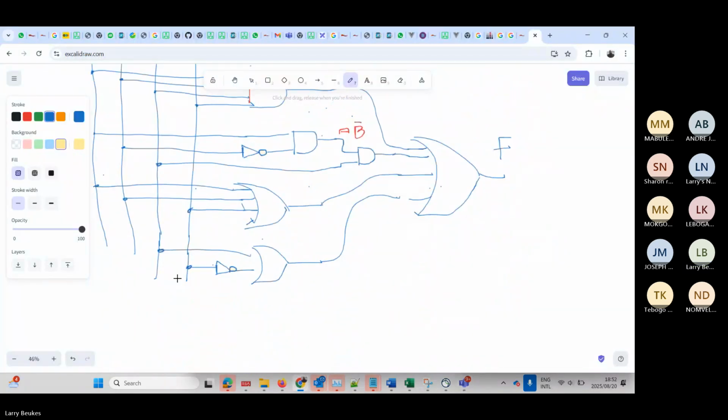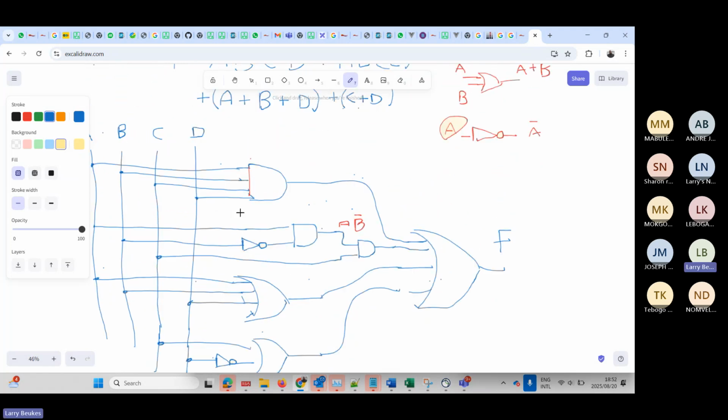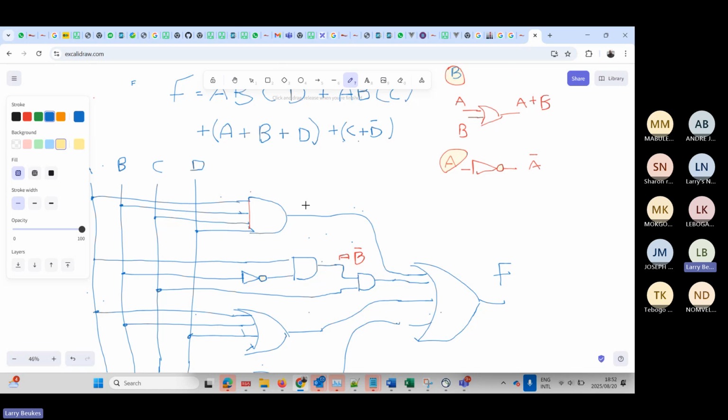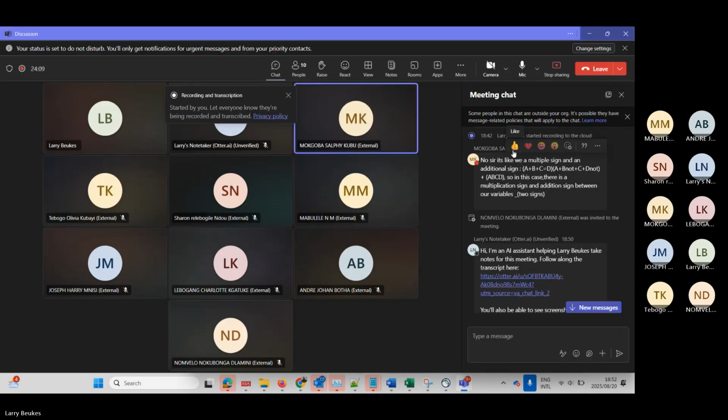Any questions, guys, regarding the logic gates? Do you understand now, or do you need me to make a different example? Can you hear me now? Yes, I can hear you now.